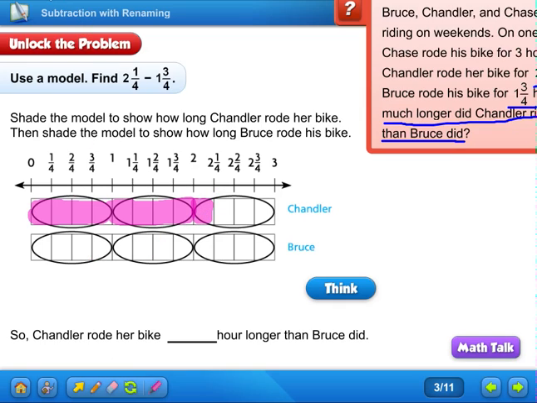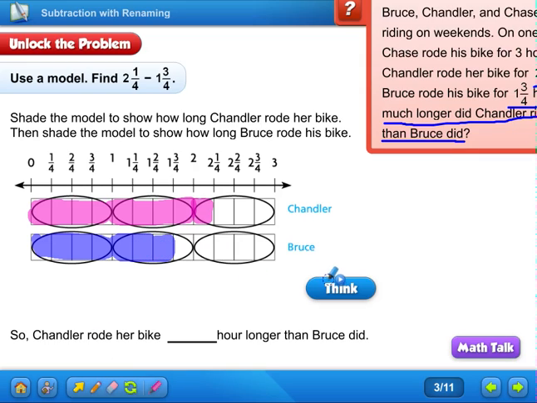And Bruce rode his bike for 1, right there, 1 3/4. So there's 1, 1 1/4, 1 2/4, 1 3/4.